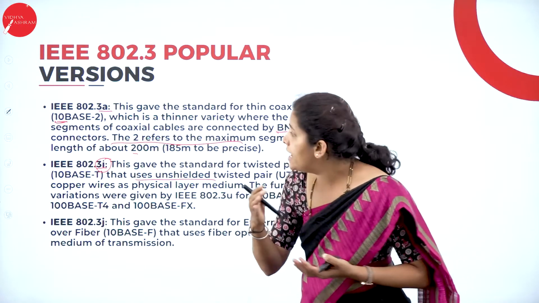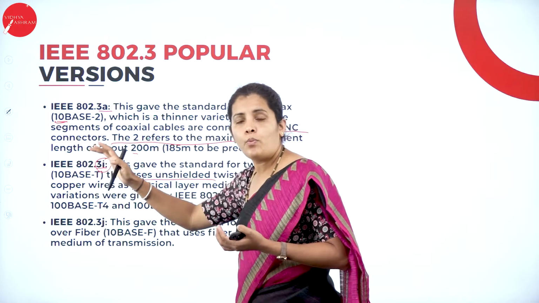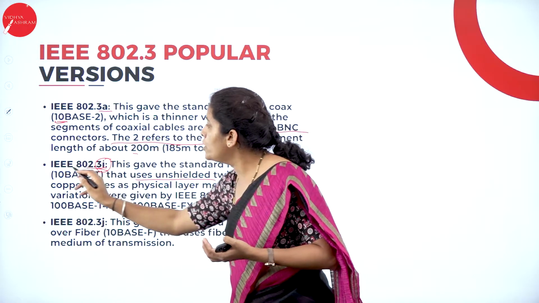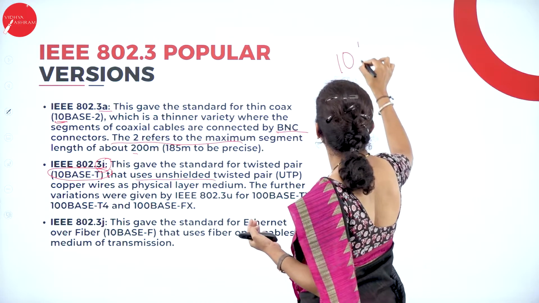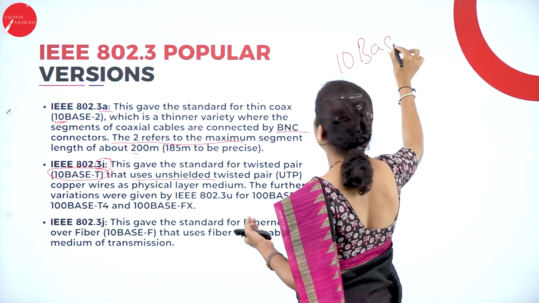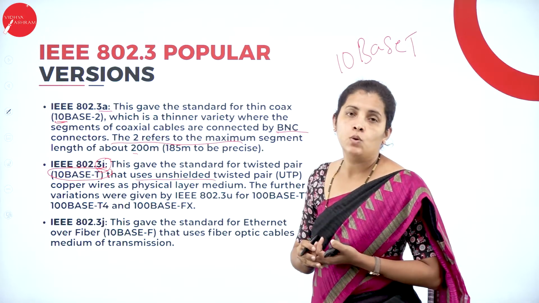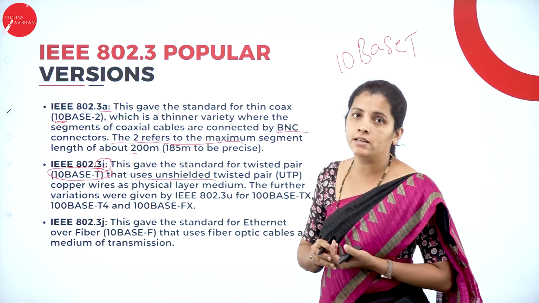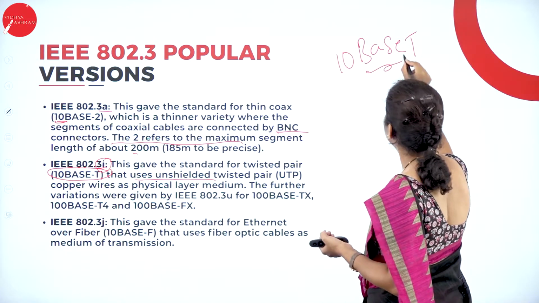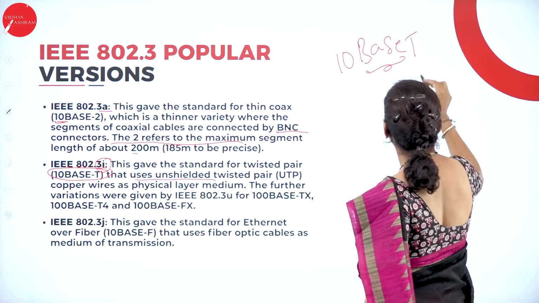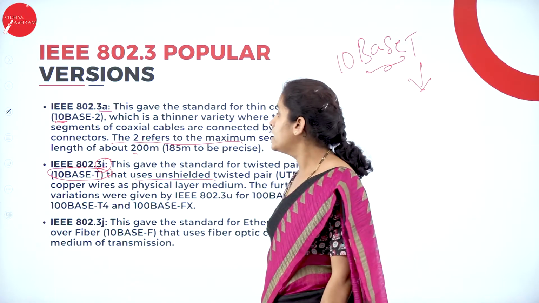So the standard is 10 base T. What is 10? Once again it is the data rate, that is 10 Mbps. Then base is baseband transmission, whereas T indicates it is twisted pair cable.